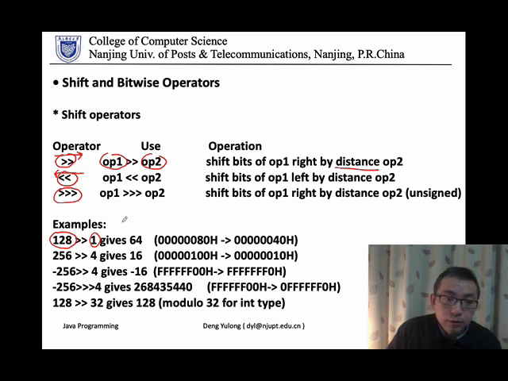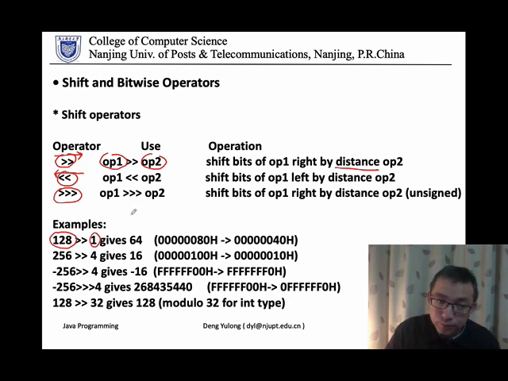Let's do the arithmetic shifting. Before we do it, we should know what this number looks like inside the computer, because all these numbers are stored in computers as 2's complement code.